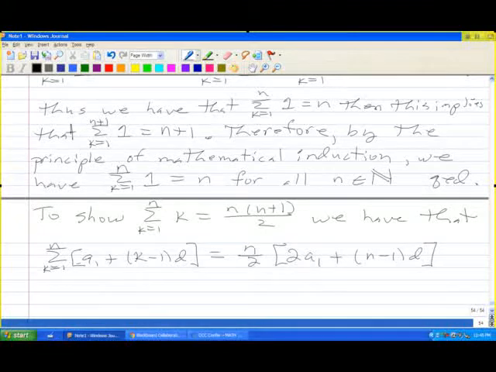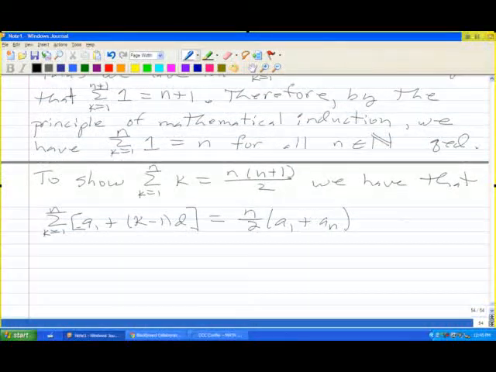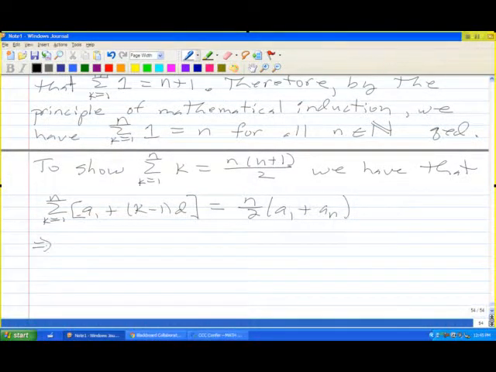Actually, let's do it this way. Let's do it with the first and last term, because that's also true: it is equal to n over 2 times a1 plus an. Well, in this case, a1 is 1.